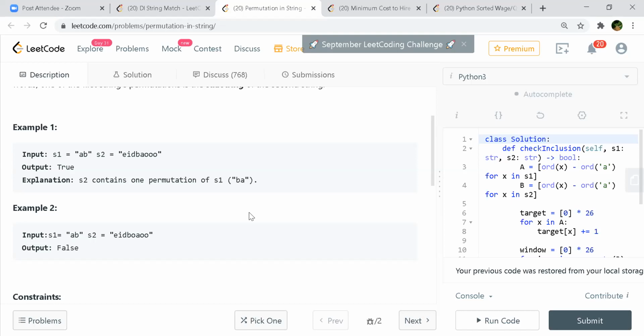So actually, that will be a more efficient, optimized way of doing it. We can also do some sort of sliding window approach.